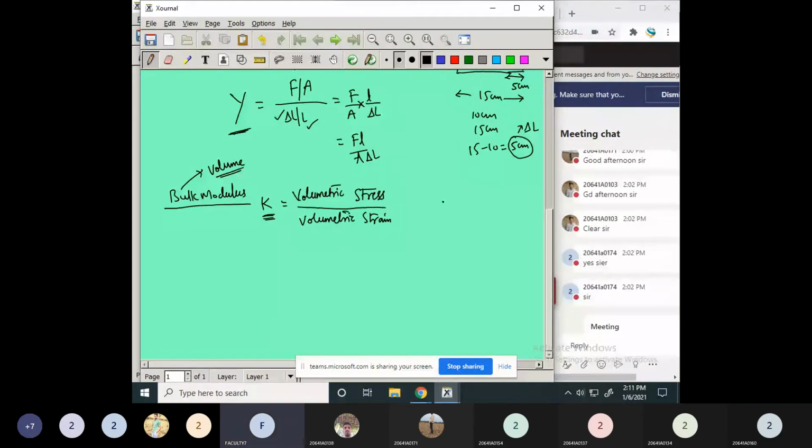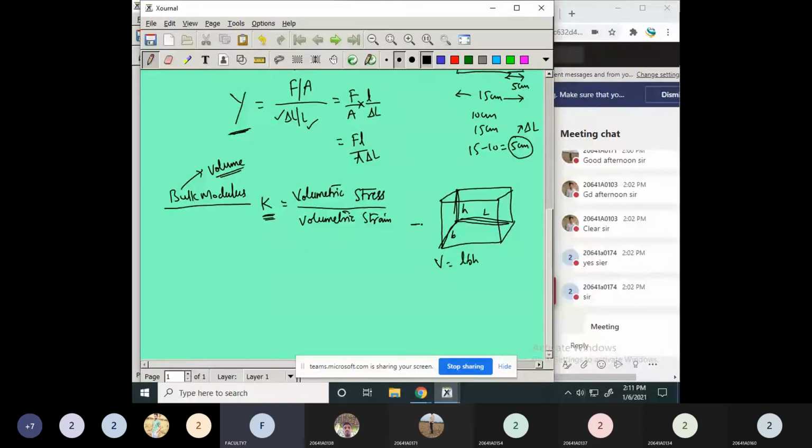Now what was the explanation here? If suppose this is a substance, if this is a material here, yesterday I had given that this has some length L, some height H, and some breadth B. So now the volume will be given as LBH.